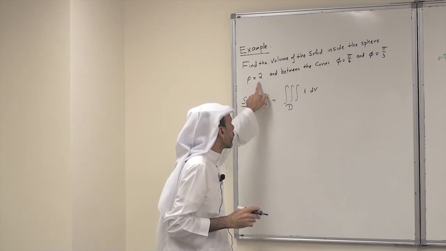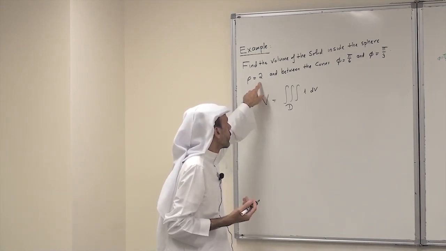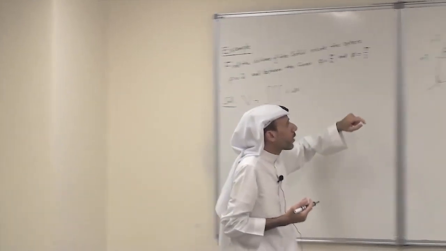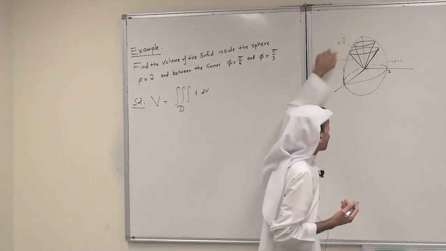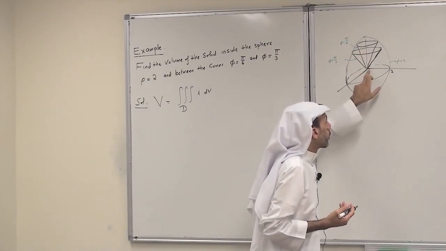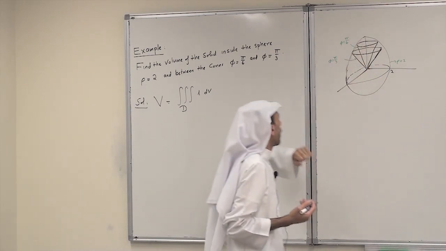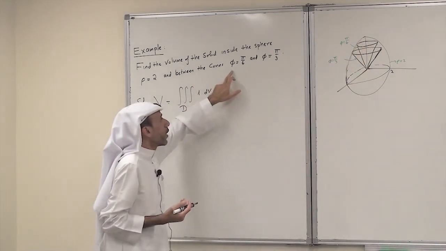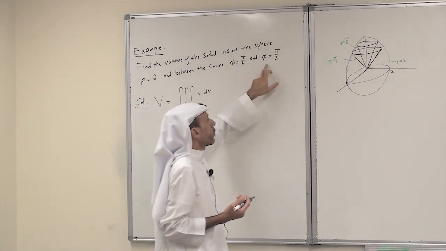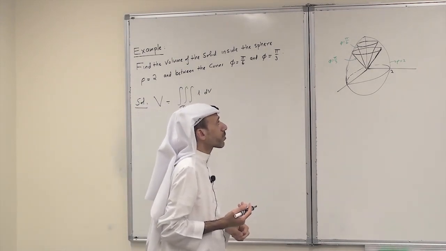We have a solid inside the sphere rho equals 2. The center is the origin and the radius is 2. So this is the sphere. And between the cones, phi equals pi over 6 and phi equals pi over 3.